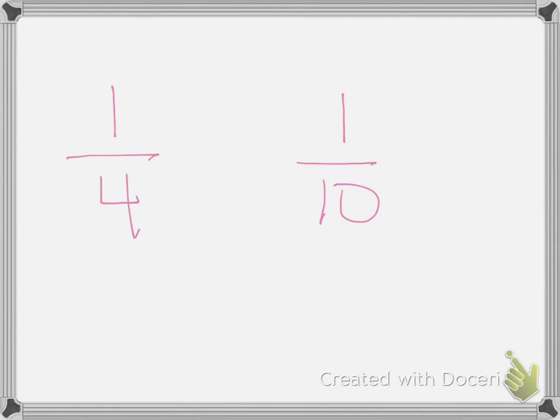We look at, in this case, which ones are the same? Our numerators are the same. And when our numerators are the same, all we have to do is look at the denominators. And the bigger the denominator, the smaller the pieces. Very good. So when I look at this, I've got 4 and I've got 10. Which is going to have the smaller pieces, 4 or 10?